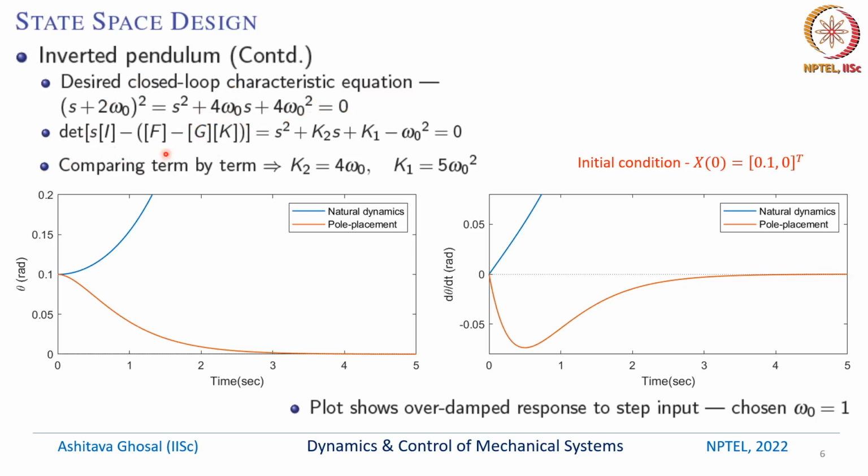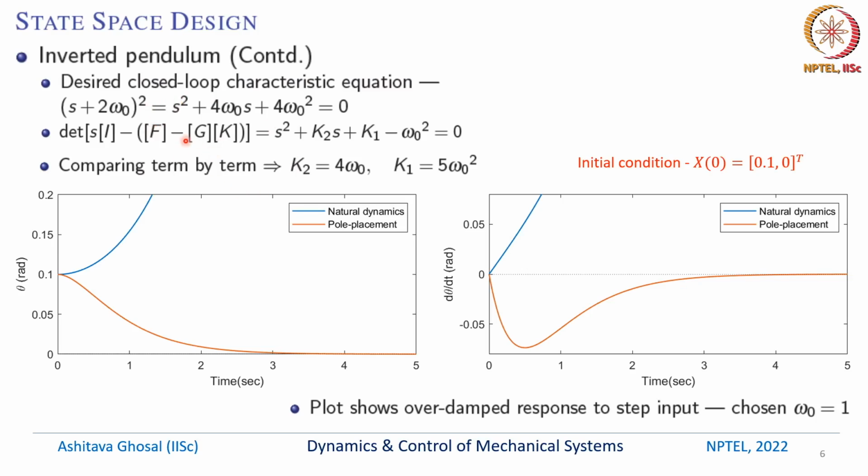The characteristic polynomial of the closed loop system is determinant of sI minus f minus gk. And remember, what is f? F is 0, 1, omega 0 square, 0, and k is k1, k2, and g is 0, 1.